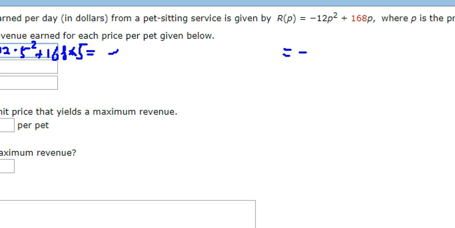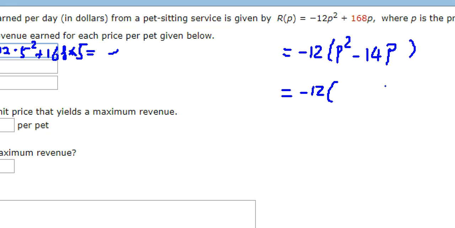Factor out the 12. What do you get? You get p squared minus, if you do a little algebra, 14p, and this is negative 12. I actually have a couple of different ways to do that. I'm going to show you the most formal way.